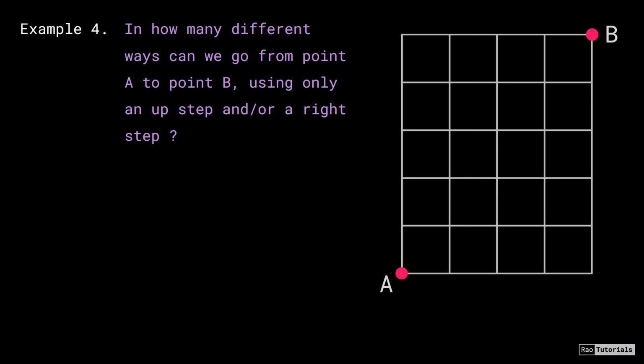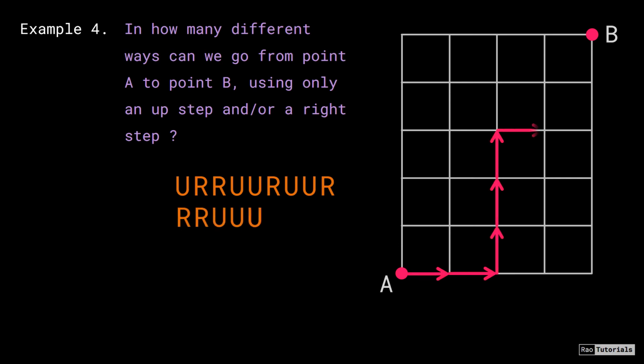One possibility is to go up, then 2 times right, then 2 times up, then right, again 2 times up, and then right. Another way is to go 2 times right, then 3 times up, then again 2 times right, then 2 times up. We want to find the total number of such possible ways to go from point A to point B.